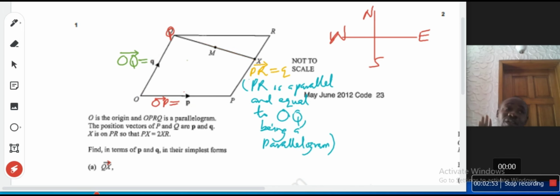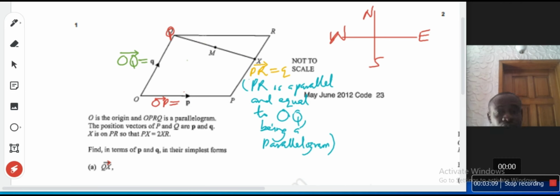In fact, anytime you are dealing with vector, this thing I'm just saying now, if you just get it, you've gotten it. Stay alert, sit up properly. Very, very important. So I don't have to repeat this. What I'm saying now is very key.